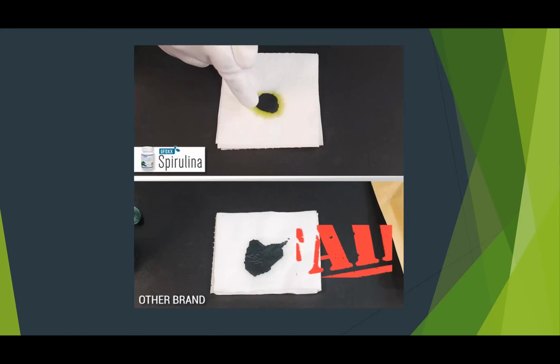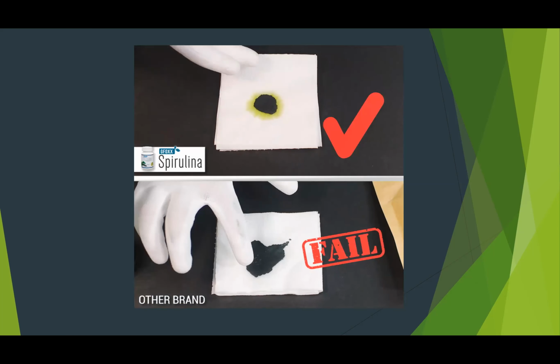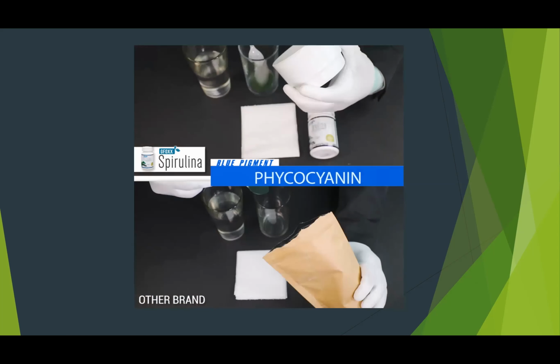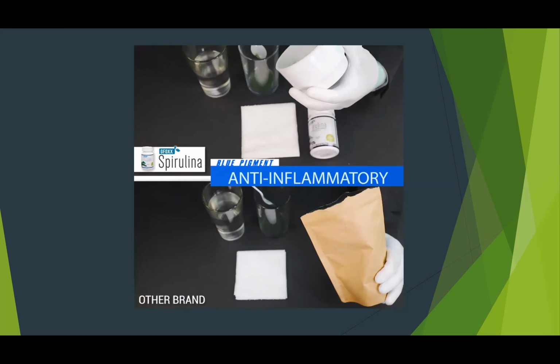If you have the yellow ring, that means you have the oil-soluble vitamin. Last is the blue pigment for phycocyanin.